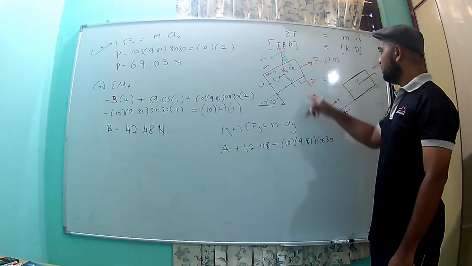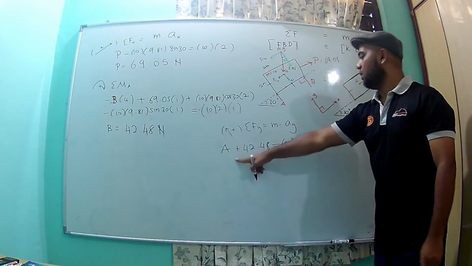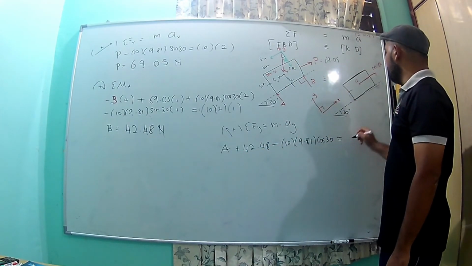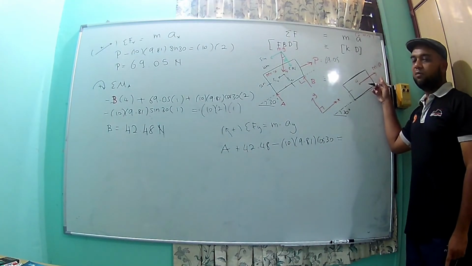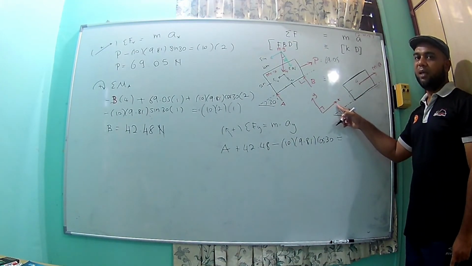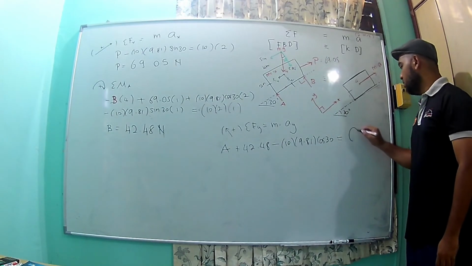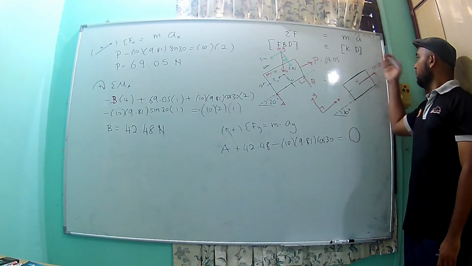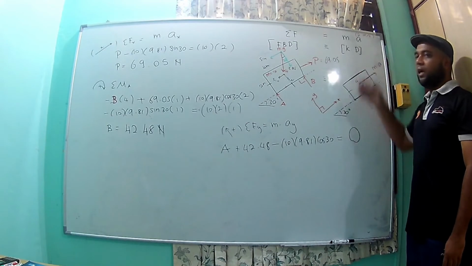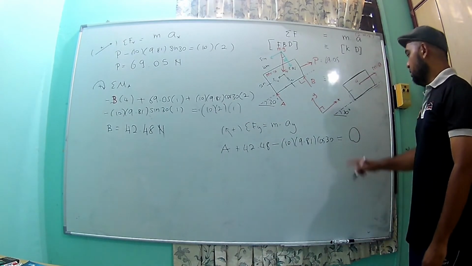So 1, 2, 3 equal to MA, which is in Y direction equal to 0, there's no acceleration in Y direction. So this one equal to 0.